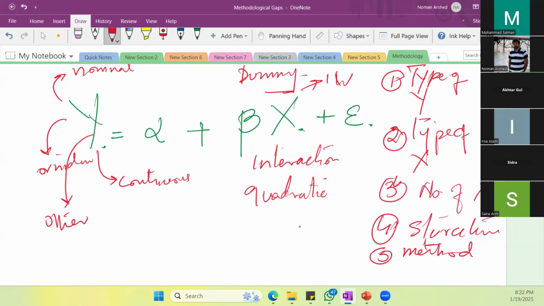Do I need to improve it, or do I have access to a new type of method? Okay, and method is also connected to assumptions. So it means I will do a diagnostic test on OLS, and it will also help me to decide where to go.